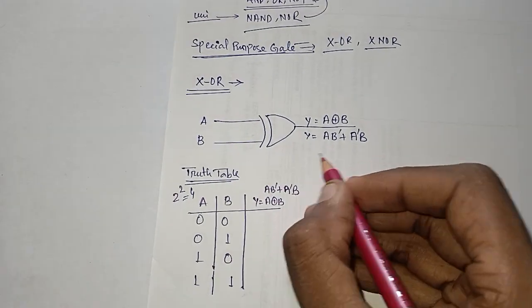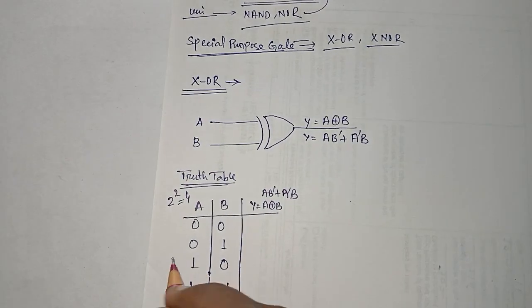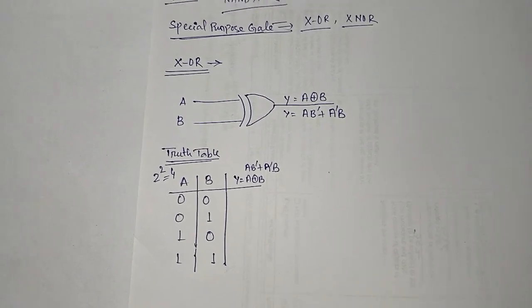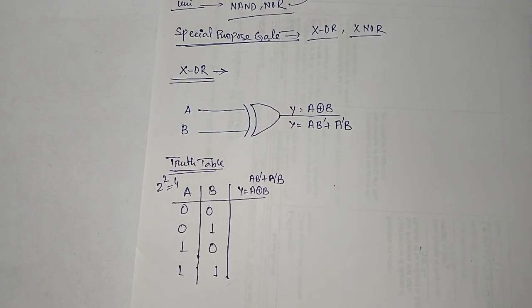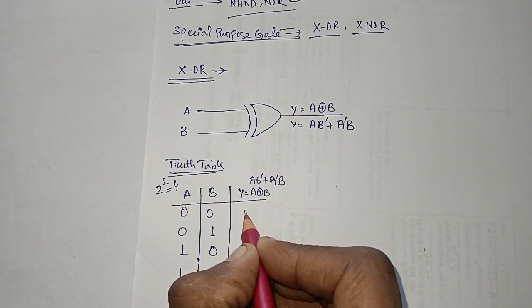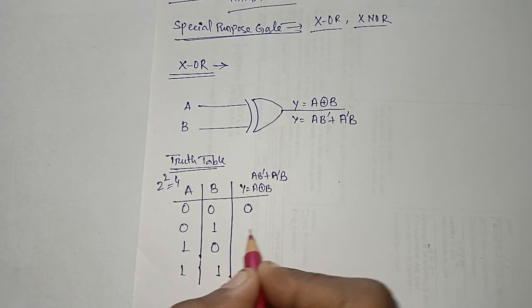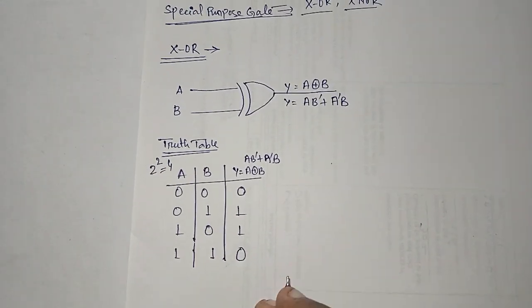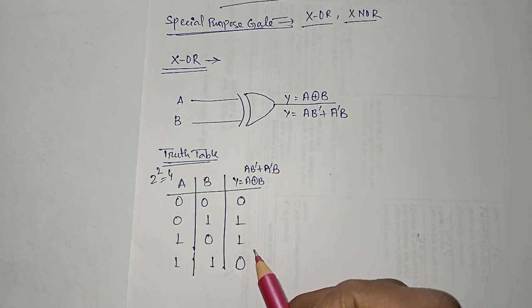For this XOR gate, if both inputs are the same, the output is 0; different, the output is 1. So this is the truth table of the XOR gate.